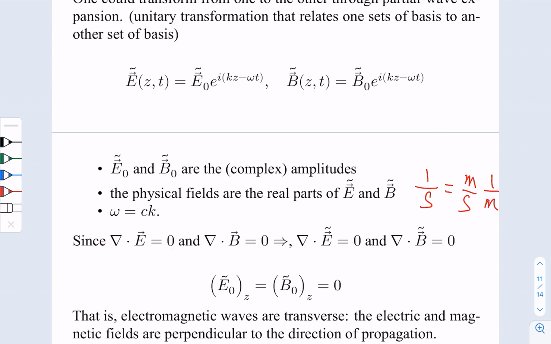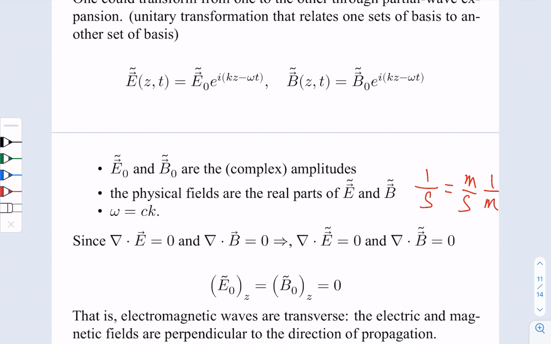So if we combine the real and the imaginary parts together, the complex E and B also obey the exact same rules. What this means is that if we take the partial derivative along the z direction, it has to be exactly 0.